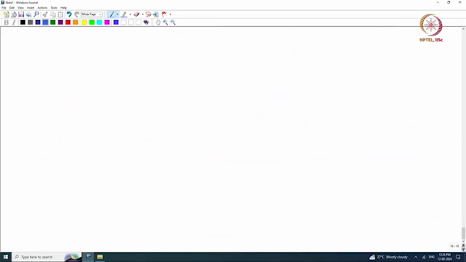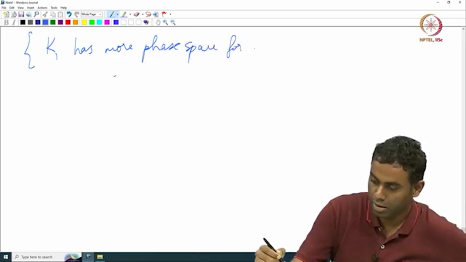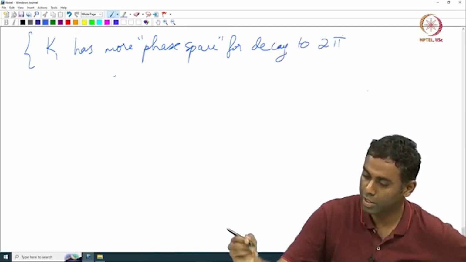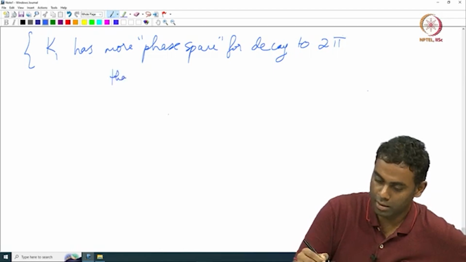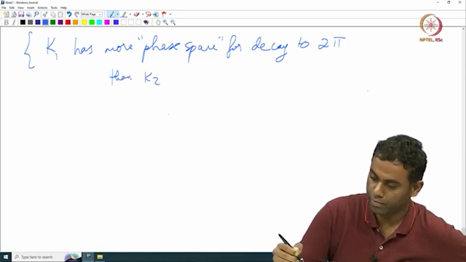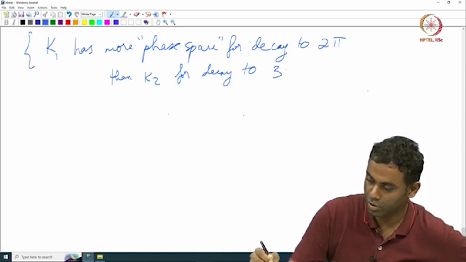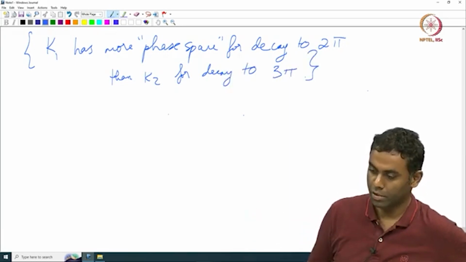Okay? We can now give some technical term to this. K1 has more phase space for decay to 2 pions than K2 for decay to 3 pions. Okay.